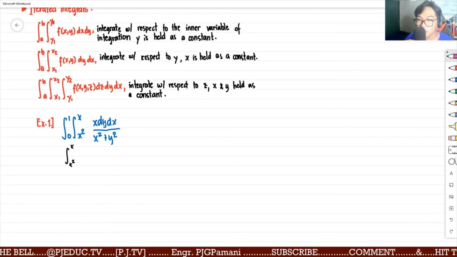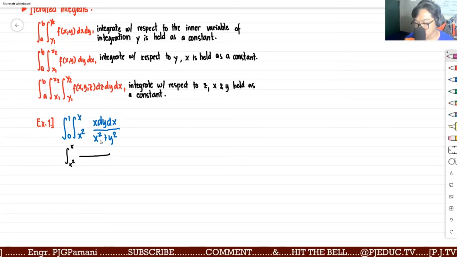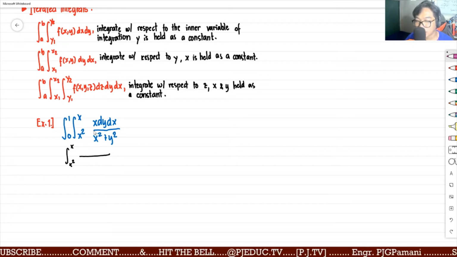So all variables that carry variable y will be integrated with respect to y, and other than that, x and x squared will be considered as constant. So, isipin nyo na lang na constant yan, ha. Hindi ko pwedeng i-translate yan as equal to 1 kasi baka mawala tayo later on.